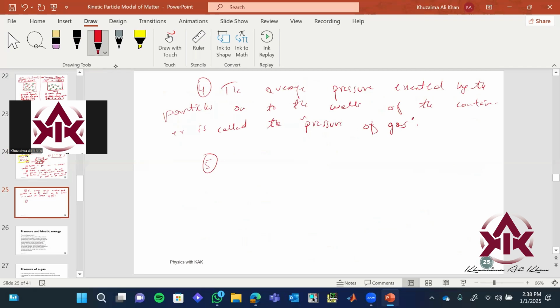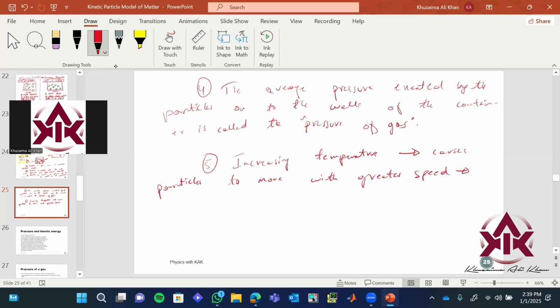Increasing temperature causes particles to move with greater speed, right? And from the formula, the kinetic energy is directly proportional to speed squared. If you increase the speed, so does your kinetic energy increase.